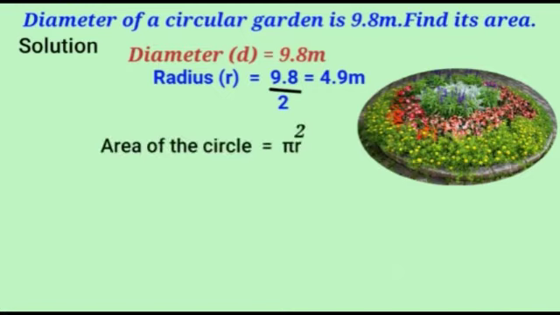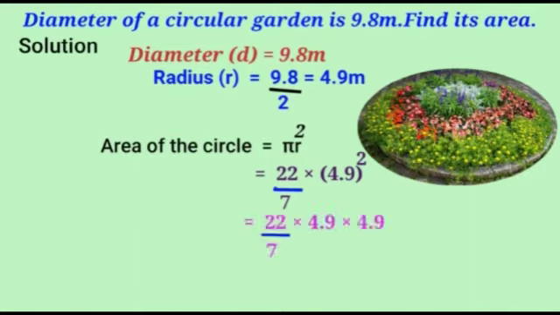And area of the circle is equal to pi r square, which is equal to 22 by 7 into 4.9 square. That is equal to 22 by 7 into 4.9 into 4.9, that is equal to 75.46 meters square.